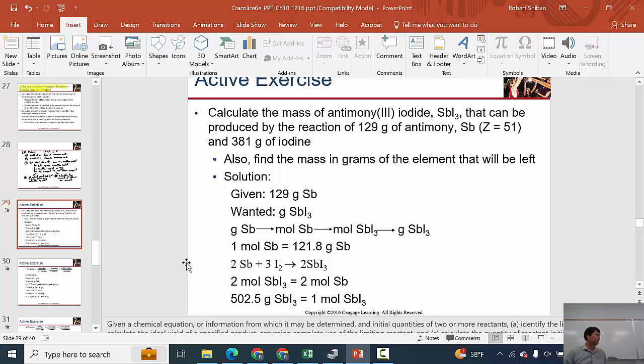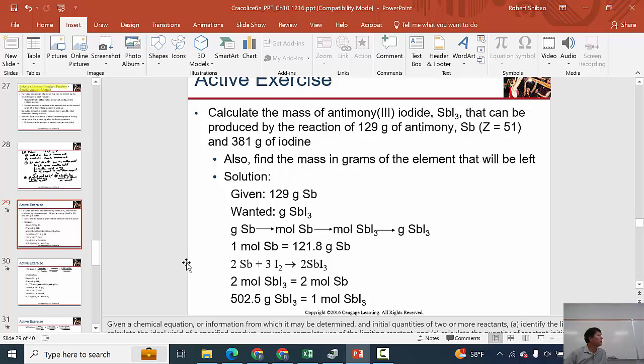You can call this, for example, an ionic compound, antimony 3 iodide, or you can call it a molecular compound, antimony triiodide. Antimony +3 and +5 are the common charges for antimony. It's like nitrogen.